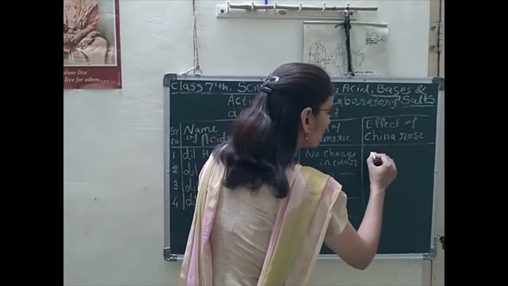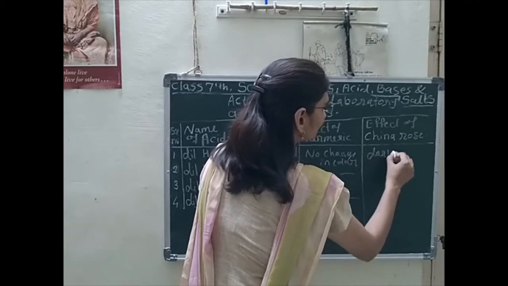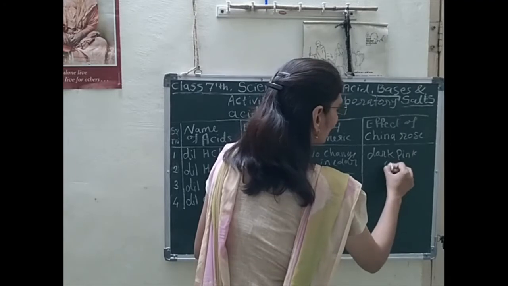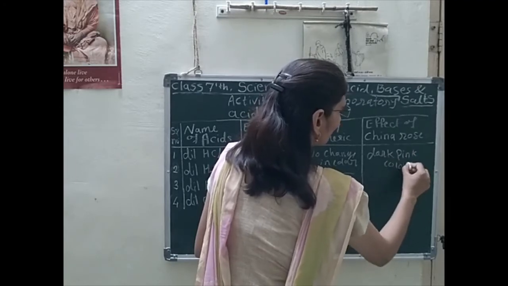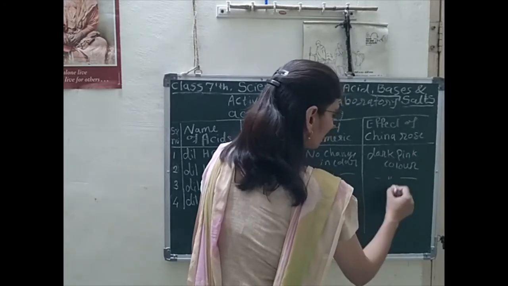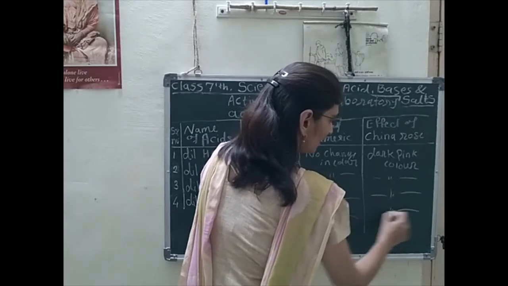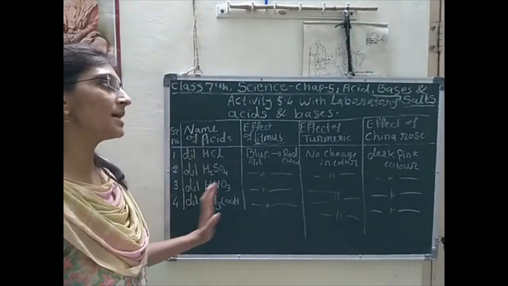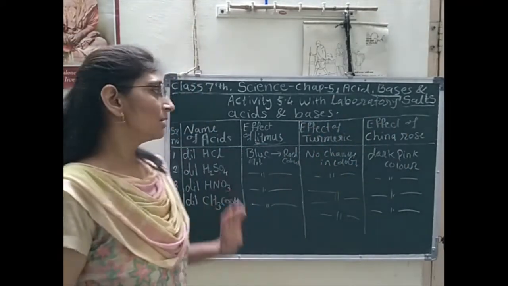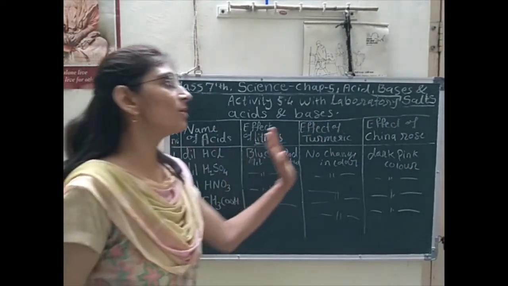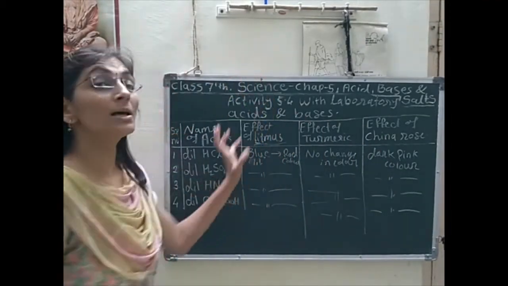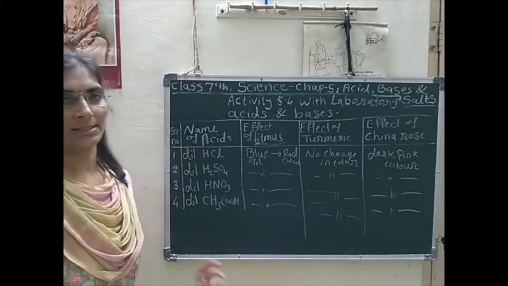It will change into dark pink color. And we will have the same observation with all the acids, as all are acids and you will get the same result. Thus we have seen activity 5.4 with the standard laboratory acids.